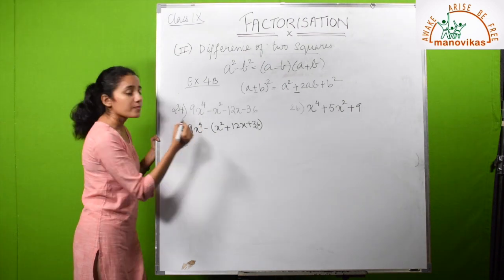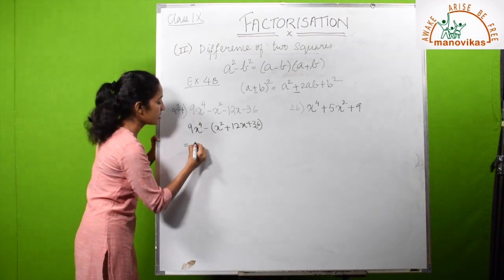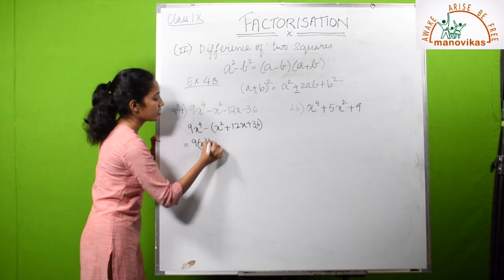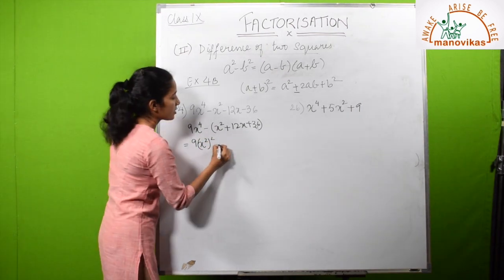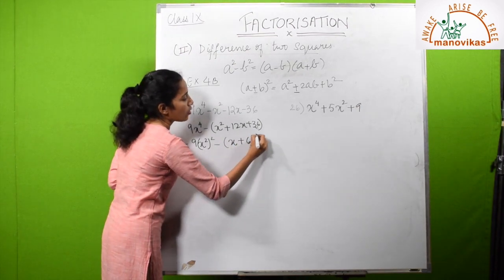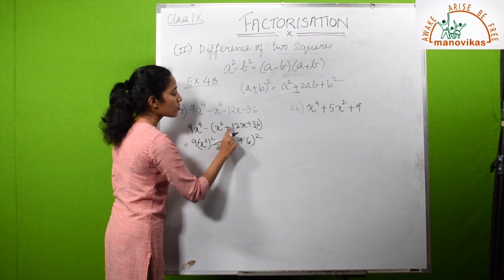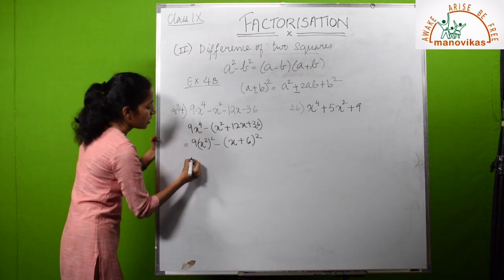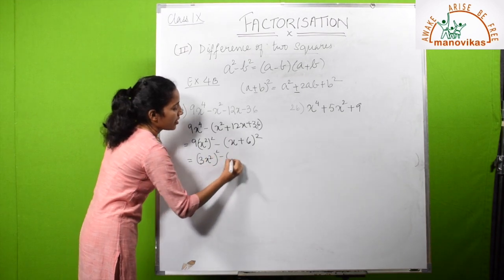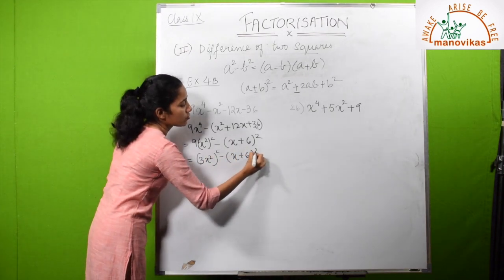Now since 9 is a multiple of 3, it can be written as (3x square) the whole square. And this will be (x plus 6) the whole square. x plus 6 the whole square is this expansion. So this will be (3x square) the whole square minus (x plus 6) the whole square.